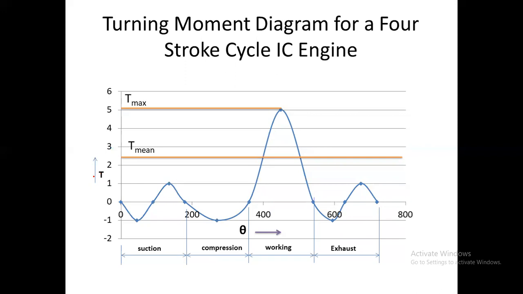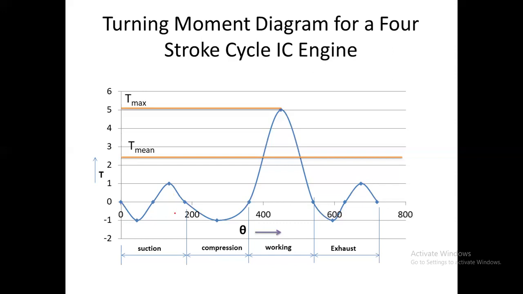Here torque is taken on the y-axis and theta is taken on the x-axis. When the crank is at various positions, the torque value is shown on the vertical axis.